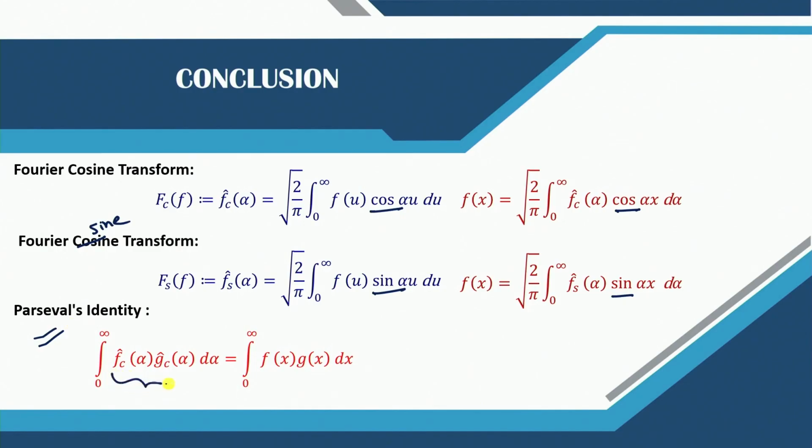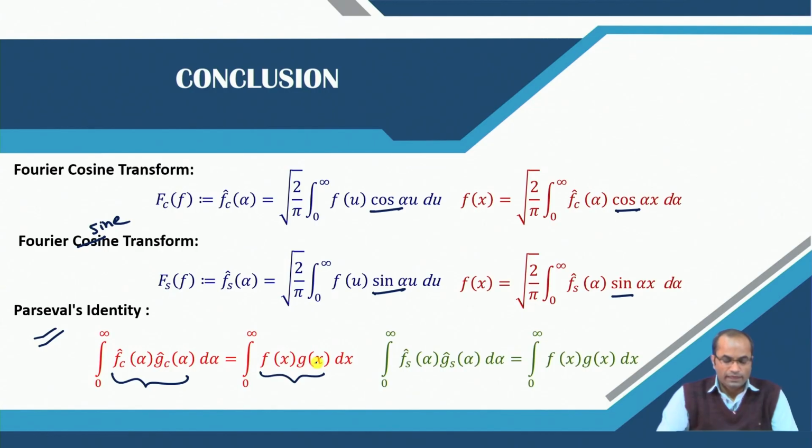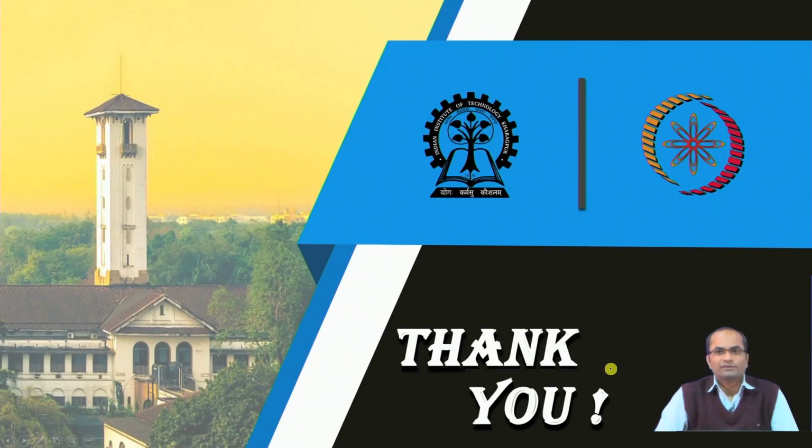So, here this product of the Fourier cosine transforms when integrated over 0 to infinity, the value is equal to the product of f and g integrated over 0 to infinity, and the same result we have for Fourier sine transform. So, that is all for this lecture, and I thank you for your attention.